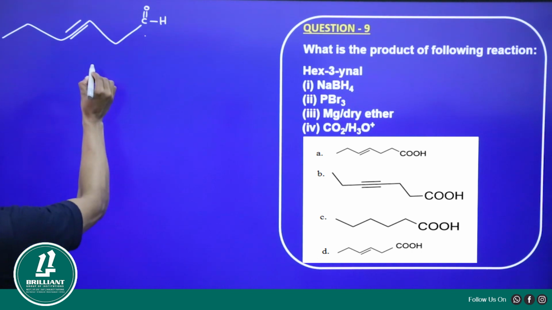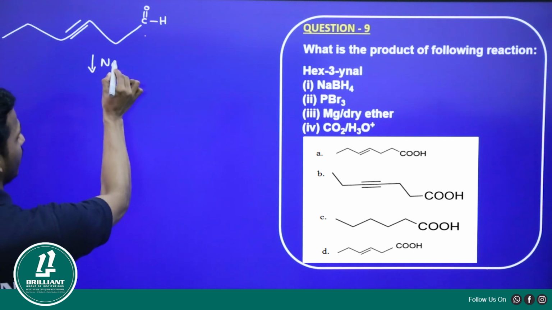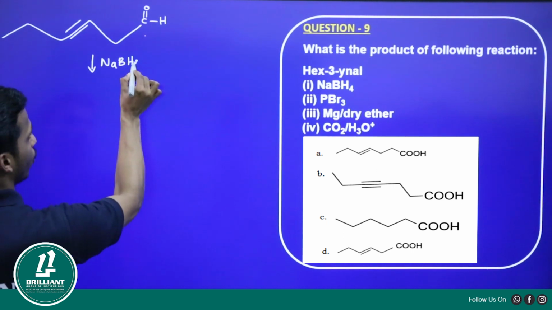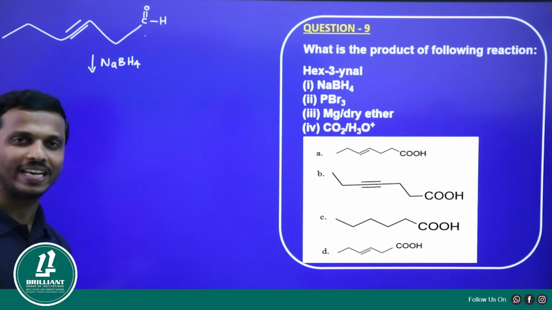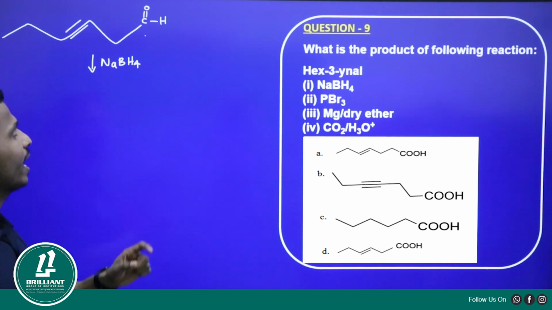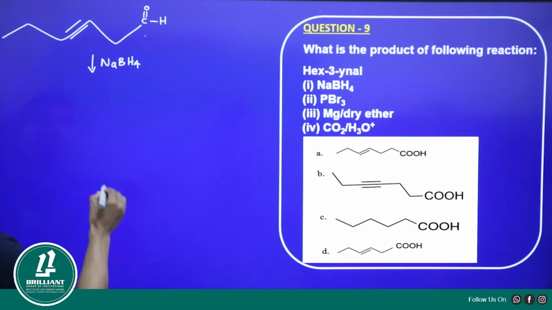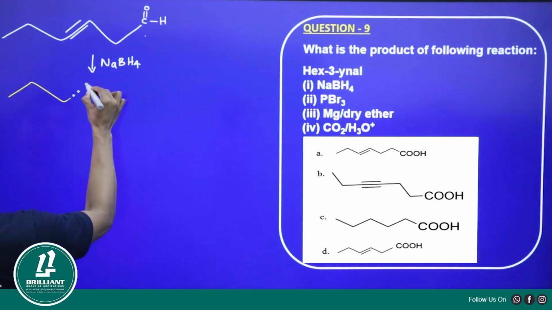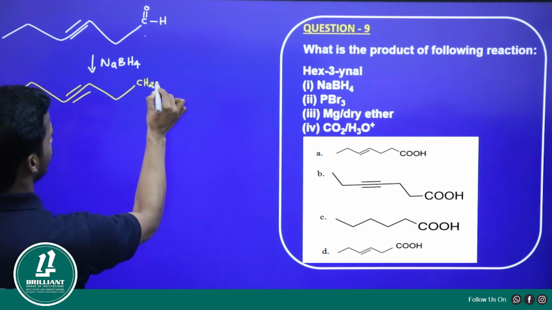Okay, first we are going to treat it with NaBH4, sodium borohydride. You know, sodium borohydride is a reducing agent. It can reduce the aldehyde into a primary alcohol, right? So we will get the compound, the triple bond, nothing will happen, and it becomes CH2OH.